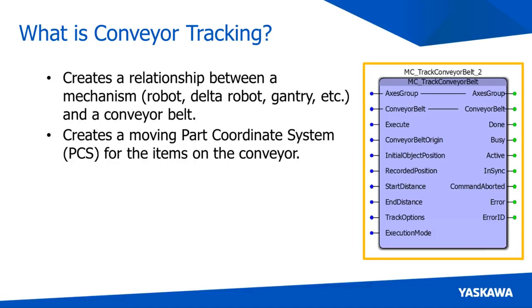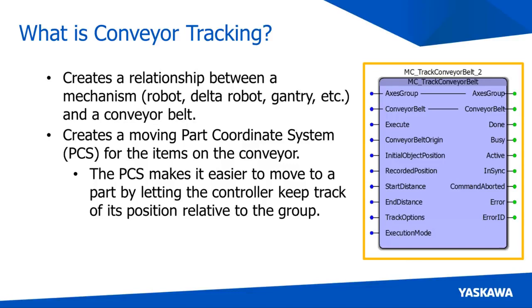At its heart, what it does is it creates a moving part coordinate system. You're going to hear a lot of acronyms during this, and we'll try to make sure that they stay straight in your mind, but a part coordinate system, or PCS, for the items on the conveyor. This PCS makes it easier to move to a part by letting the controller keep track of its position relative to the group.